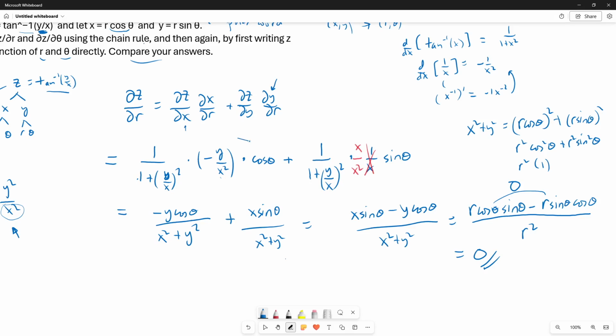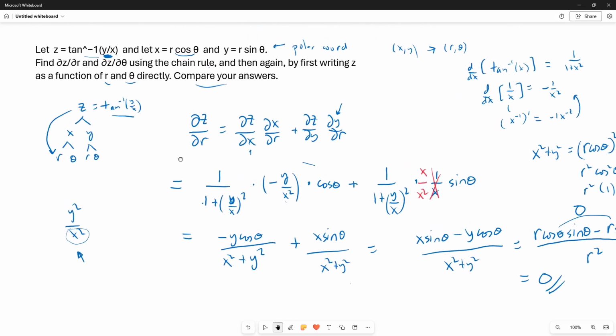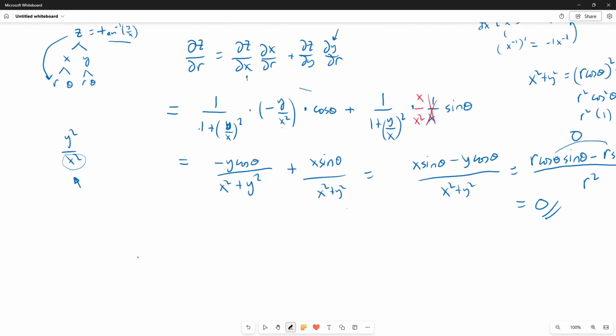And we might wonder why that was the case. And that's why we have the second part of the problem. Let's first write z as a function of r and theta directly. So z was equal to the inverse tangent of y over x, and this is the inverse tangent of what is y.